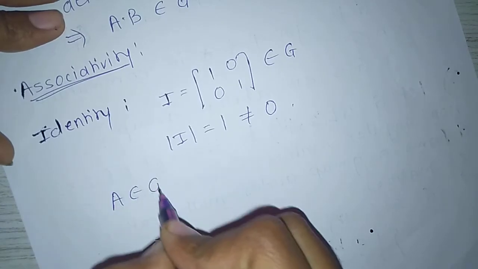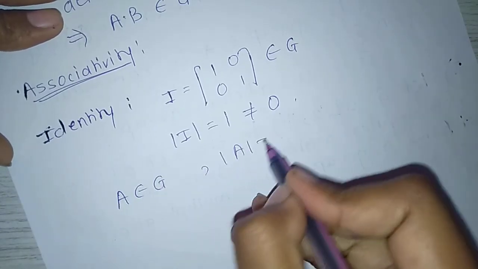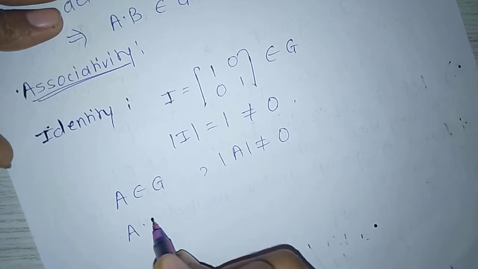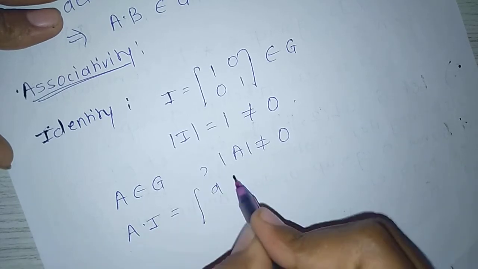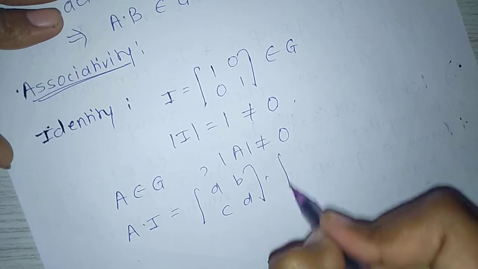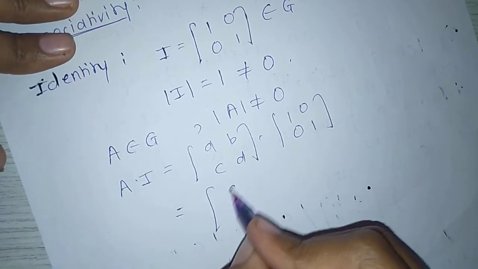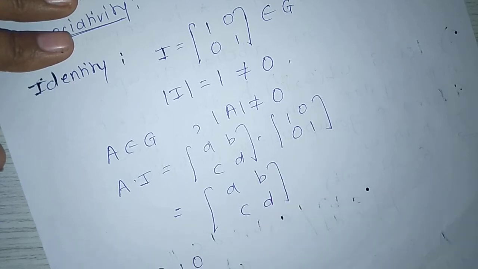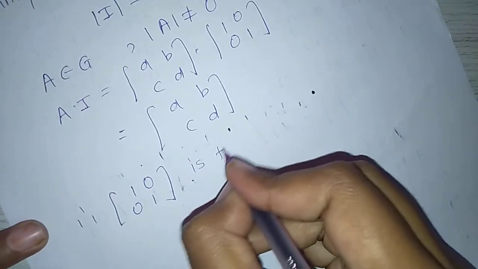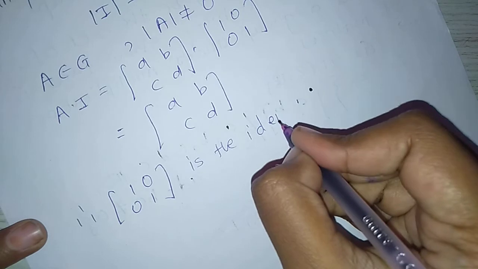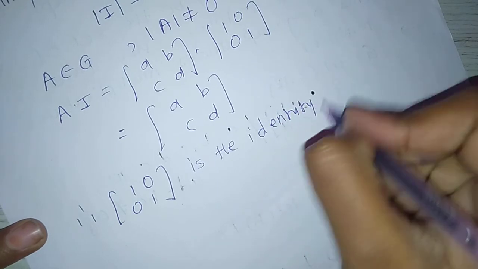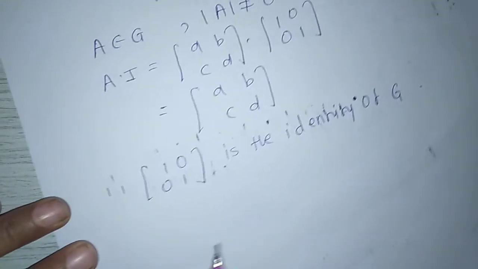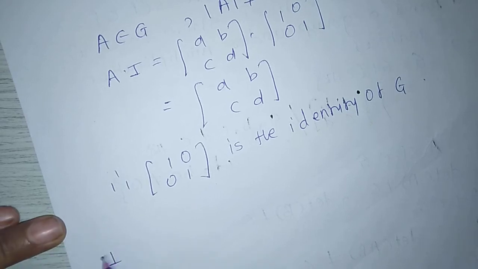A belongs to G, determinant of A is not equal to 0, and A into I = A, that is [a b; c d] into [1 0; 0 1], we get [a b; c d]. Therefore [1 0; 0 1] is the identity of G.